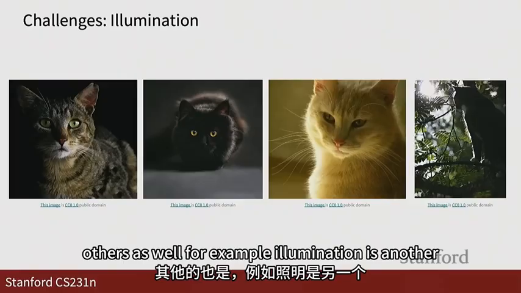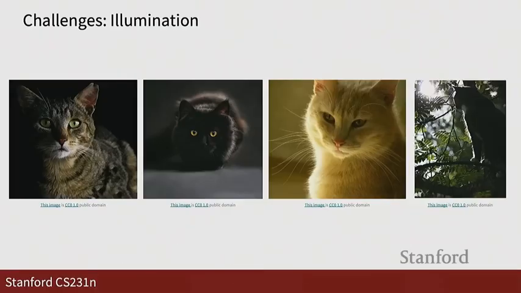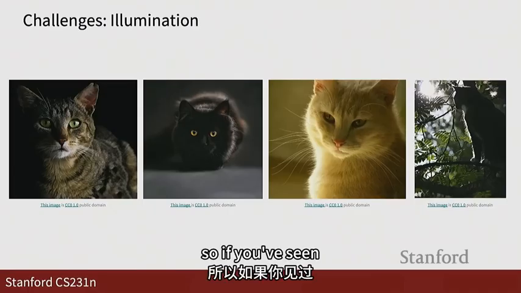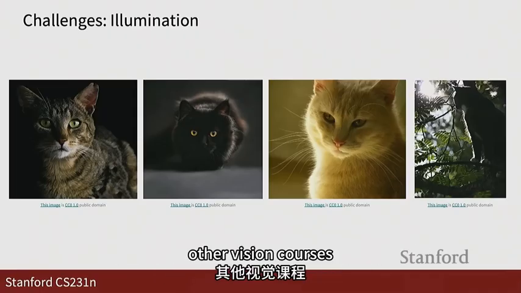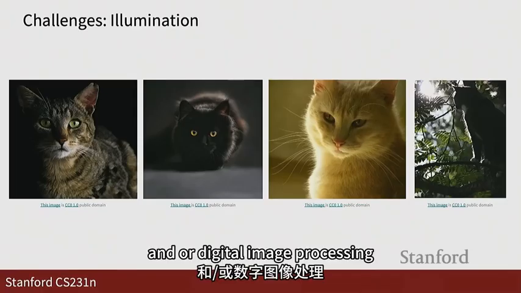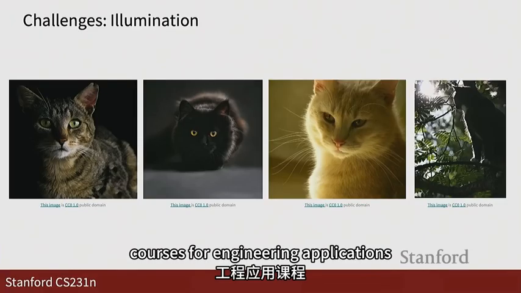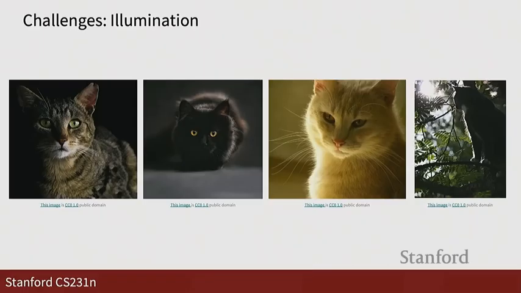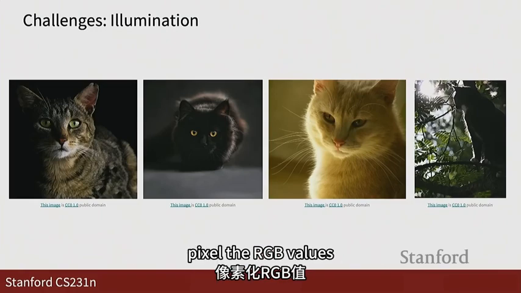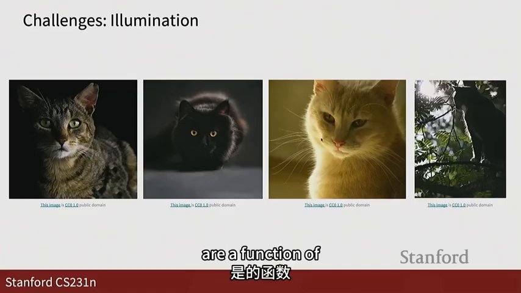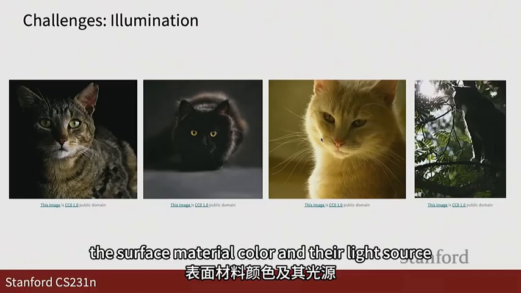For example, illumination is another challenge. If you've taken courses in graphics or maybe other vision courses or digital image processing courses for engineering applications, you know that the RGB values of each pixel are a function of the surface material, color, and the light source.